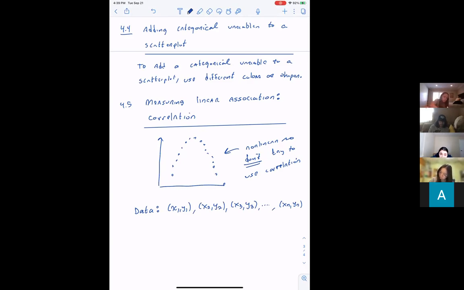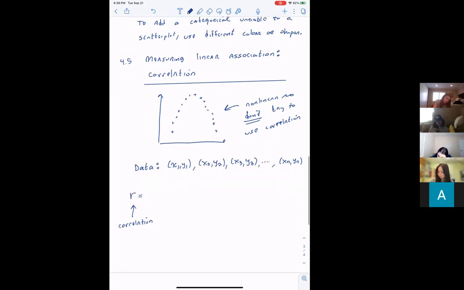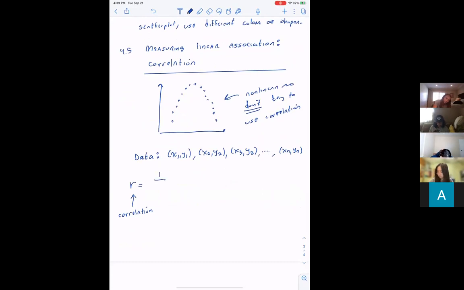So you have your data. Here is how you measure the correlation, which is given by the symbol R. It's 1 over n minus 1. And then what we're going to do is take the first x value, x1, minus the average of the x's, minus the mean of the x's, and divided by the standard deviation of the x's, and multiply that by the same thing with y.